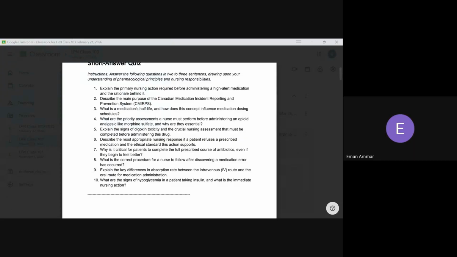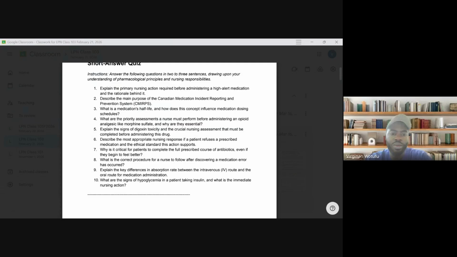More frequent doses for short half-life. Yes, so we all understand the medication's half-life is the time taken for the body to eliminate 50% of the medication, right? So it helps in the dosing. If a medication has a short half-life, there'll be frequent dosing, correct? Yes.